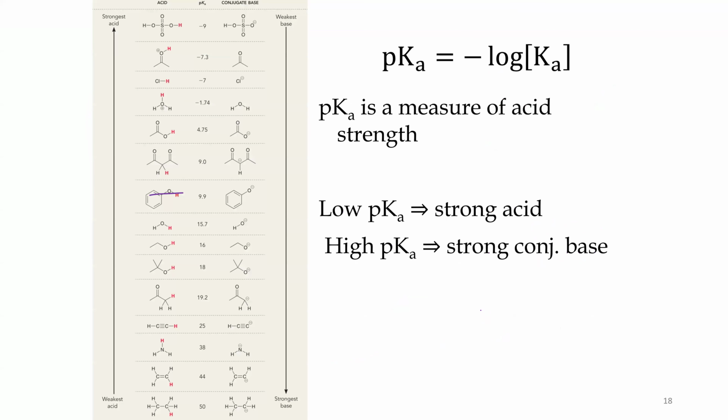All of that to say, this is how we usually look at how strong an acid is and whether an acid can protonate something else: by looking at tables like this, where we have pKa of different functional groups or different molecules.